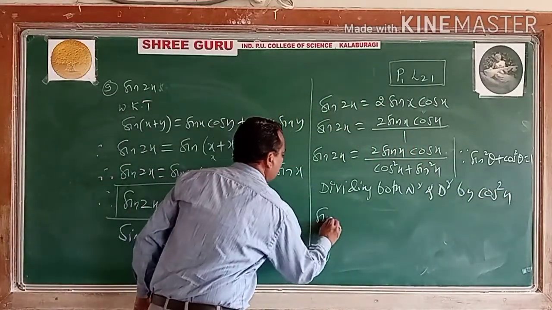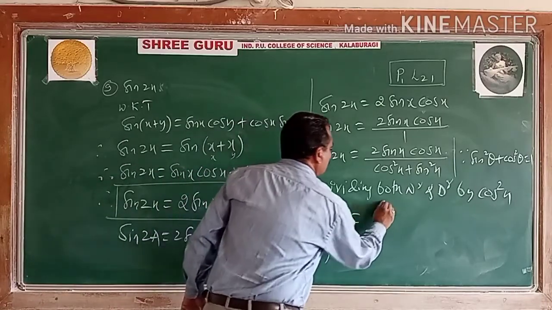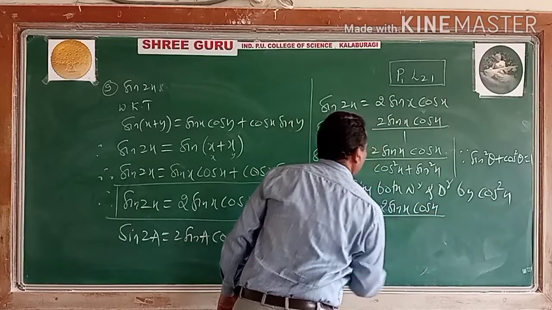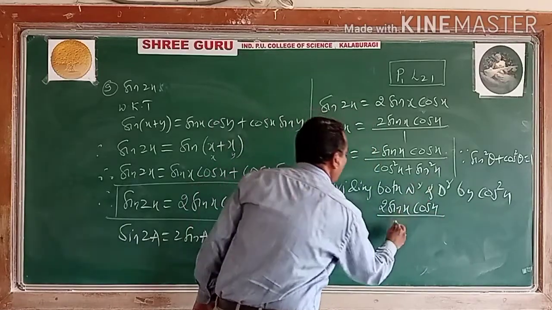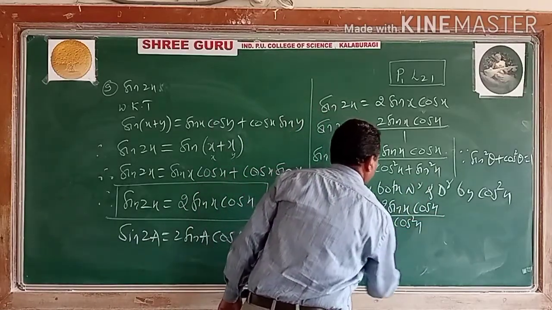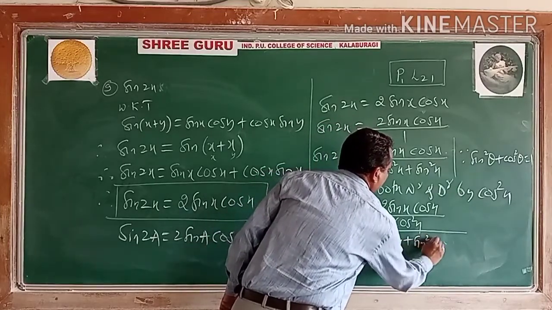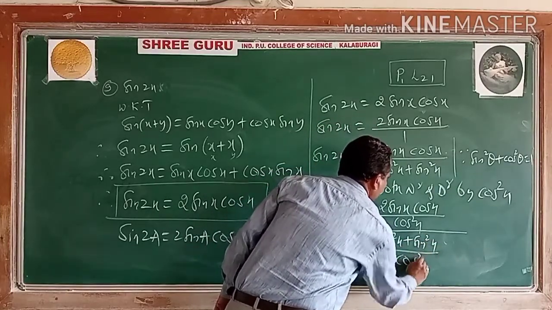See, students, what it becomes: 2 sin x into cos x divided by cos square x, over cos square x plus sin square x divided by cos square x.